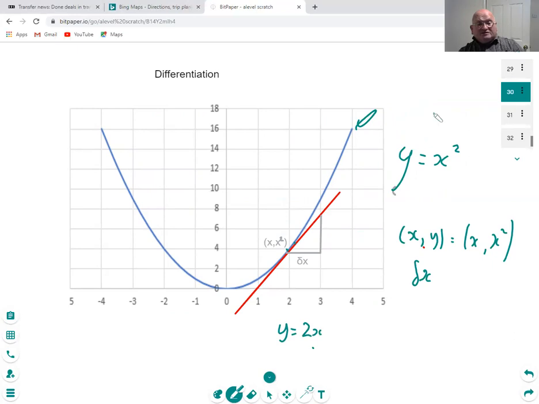So, just to take a point on this graph, 3, 9, which is about there, the point on the line is obviously 3, 9, and the gradient at that point is 6, which is 2 times the value of x at that point. Now that is just the rule for differentiating the line y equals x squared, and that is going to become second nature to you. You're just going to remember that.